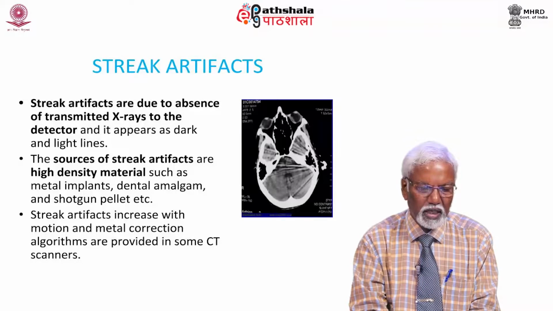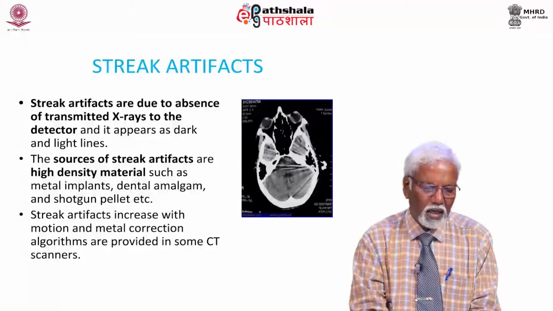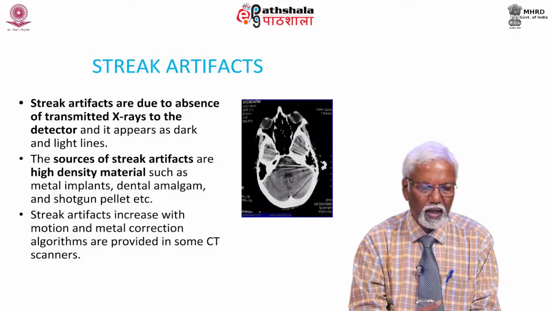The sources of streak artifact are high density materials such as metal implants, dental amalgam, and shotgun bullets. Even gold and silver ornaments worn by the patient can lead to streak artifact. Streak artifact increases with motion, and metal correction algorithms are provided in some CT scanners.